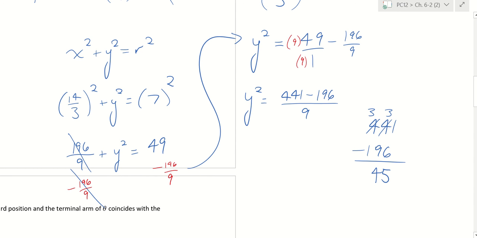You're just watching me doing elementary subtraction here. And then 3 minus 1 is 2. So we should have y squared equals 245 over 9. And do they have any of the same factors? 2 plus 4 is 6, plus 5 is 11, so no, they don't.